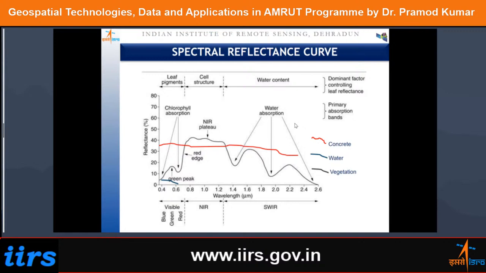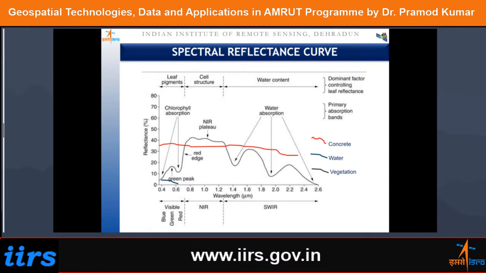We are all aware of the definition of an image: an image is nothing but a two-dimensional array of pixels, which are the picture elements. I am not aware of the knowledge level of the participants attending this program, but let me take up the very fundamental aspect of how the false color composite is generated.